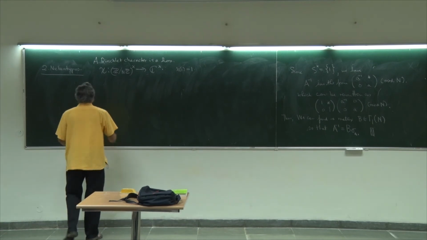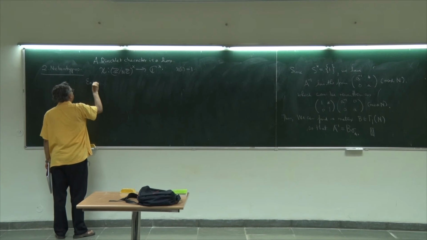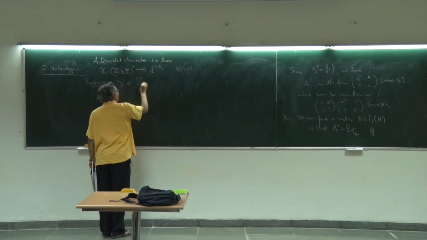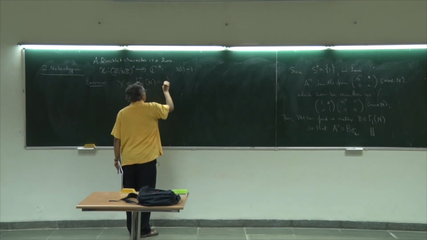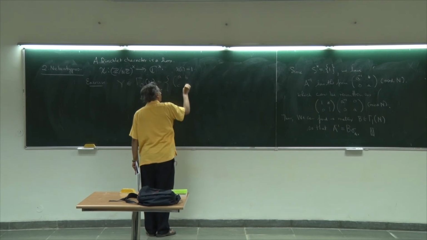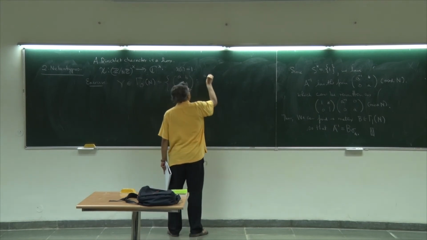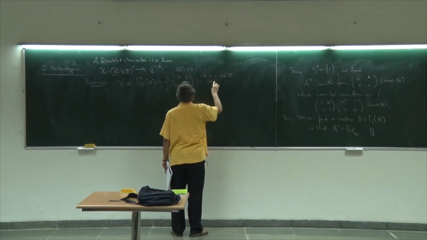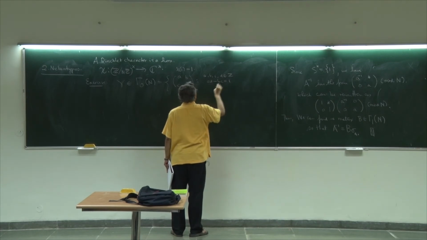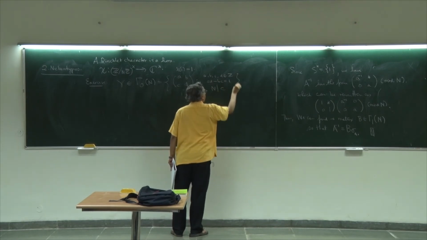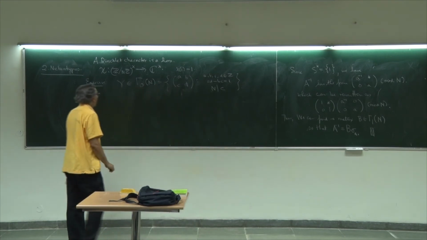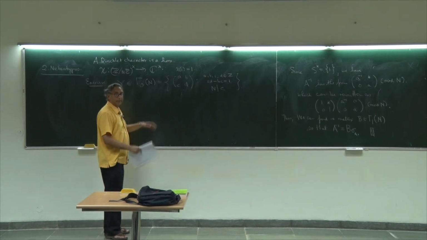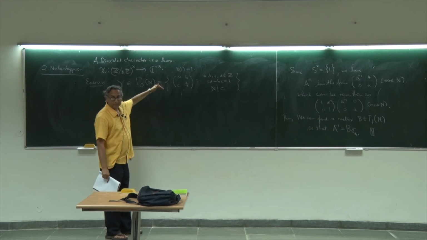And here's a little exercise. If gamma is an element in gamma naught of n, so remember what gamma naught of n is, the collection of matrices A, B, C, D, integers, determinant A D minus B C is 1, and then n divides C. These are the matrices that we have. Observe that gamma 1 of n is contained in gamma naught of n.